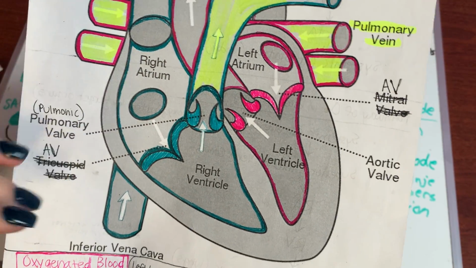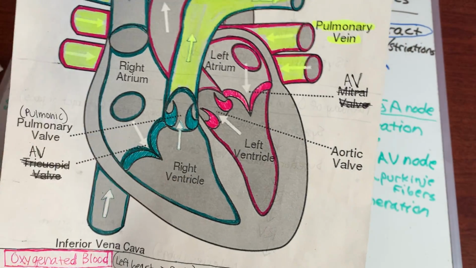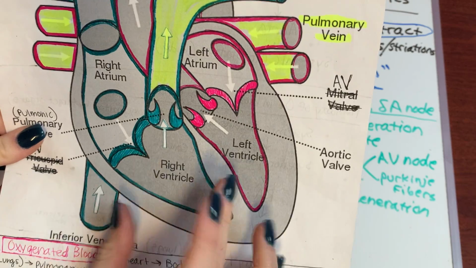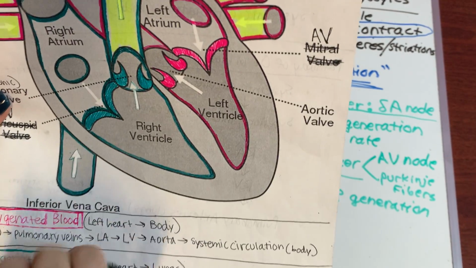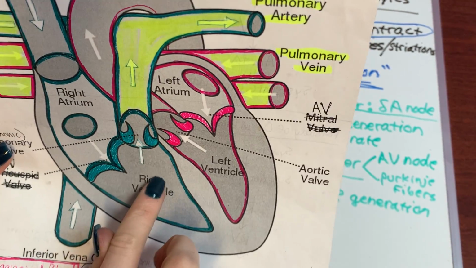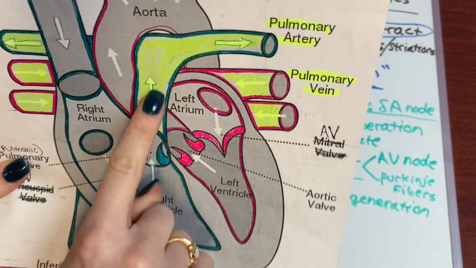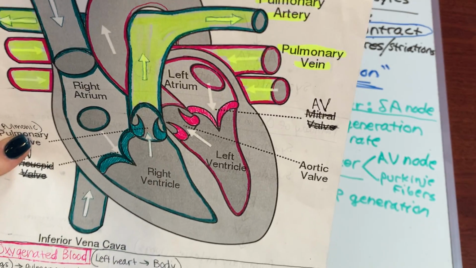That atrial kick is what it was called, to get those last few drops of blood into the ventricle. And then once we have all the blood in there, we can use our cardiac myocytes and contract to create enough pressure. And as soon as the pressure in this leading side was higher than the pressure in the following side, the valves opened and we could eject blood out.